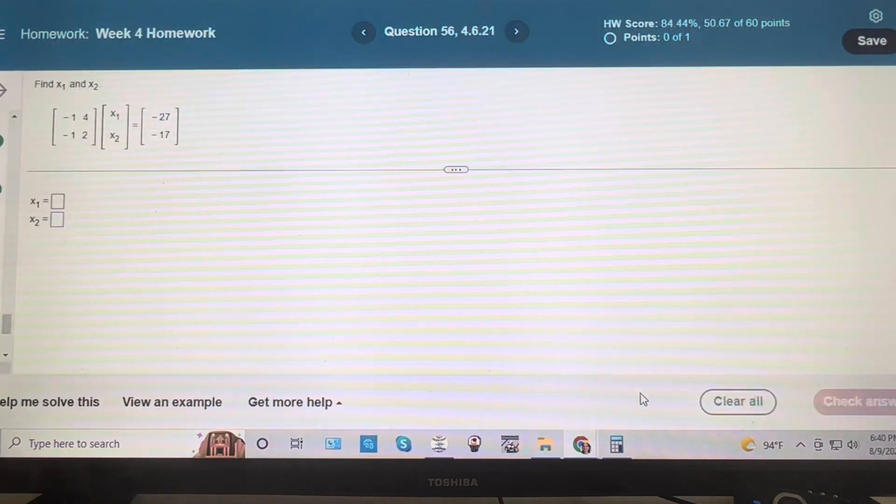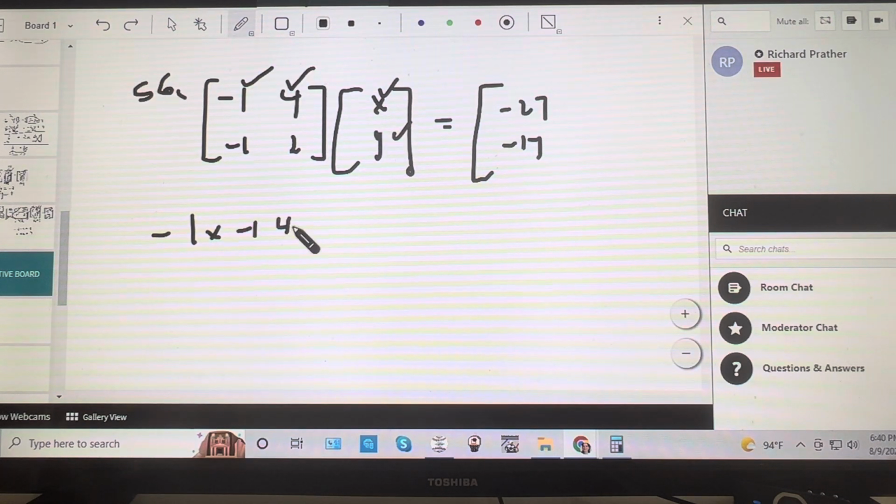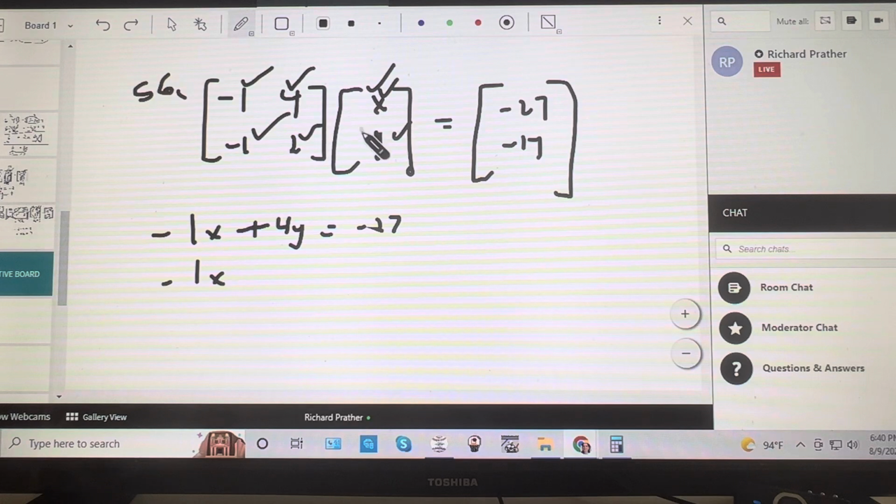And then this is negative 27 and negative 17. So this will be negative 1x plus 4y. Remember, slide and drop. That has to equal the negative 27. We did this like 3 problems ago. And then negative 1x plus 2y has to equal negative 17.